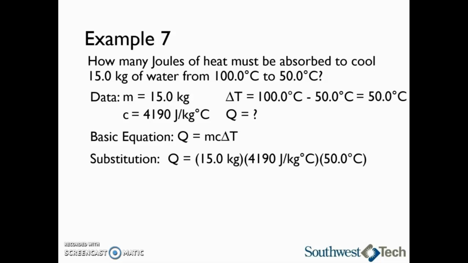So Q equals 15.0 kilograms times 4,190 joules per kilogram degrees Celsius times 50.0 degrees Celsius. This gives us 3.14 times 10 to the 6 joules of heat, or 3.14 megajoules. This concludes our discussion on heat energy and specific heat.